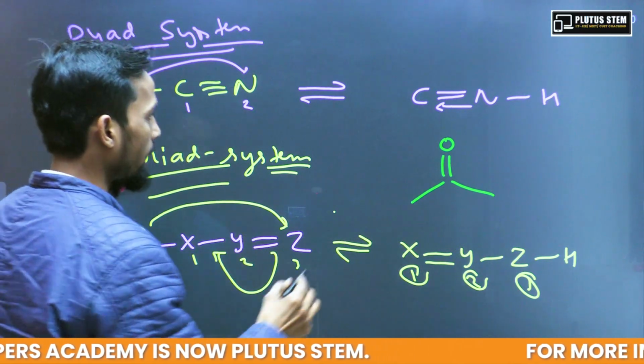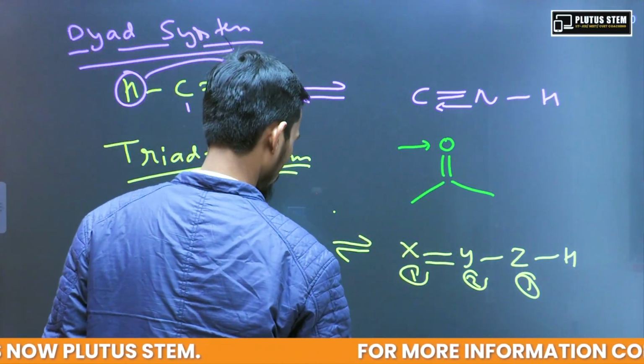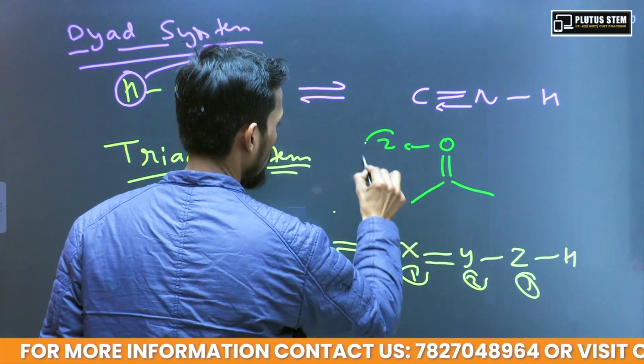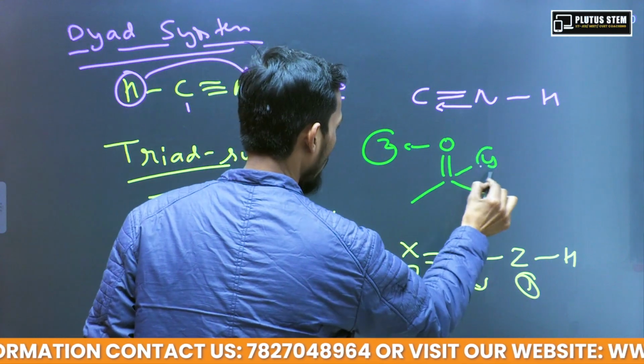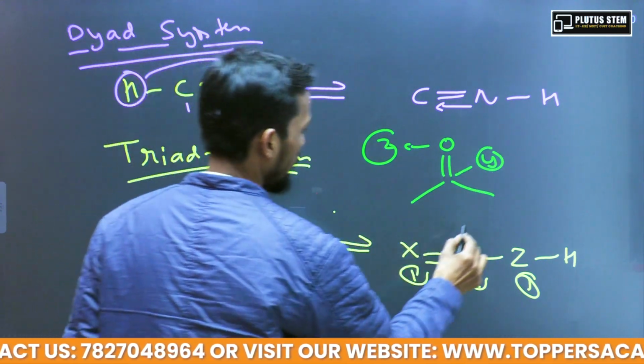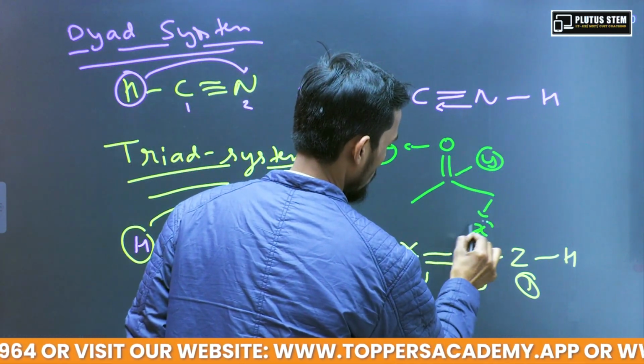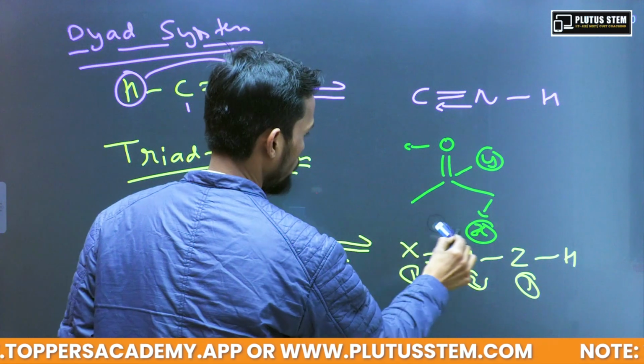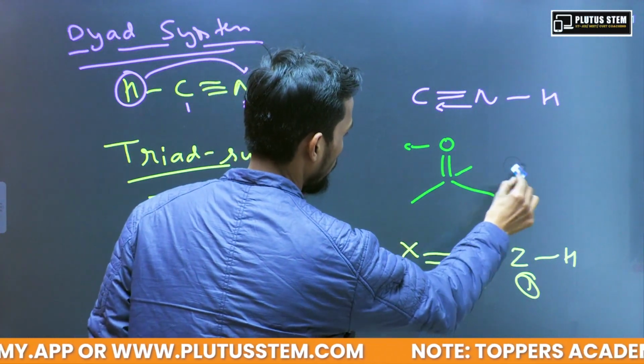This is our Z. This is Y. And this is X. It would be better if we write all these with a different pen.